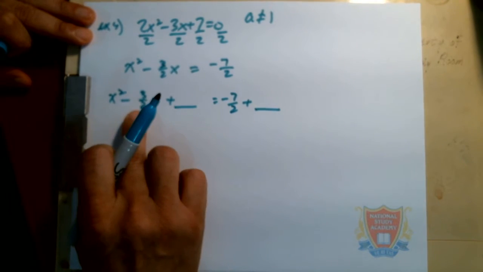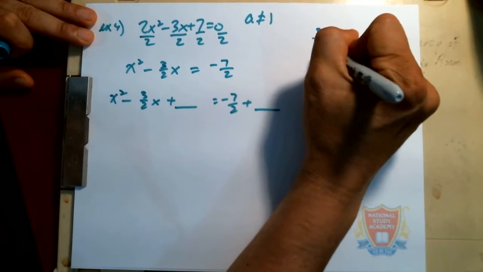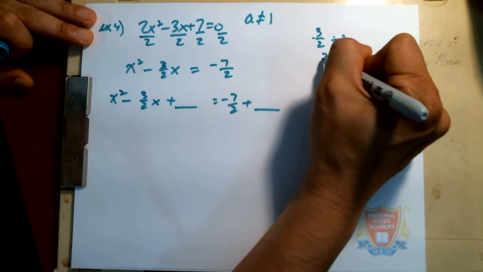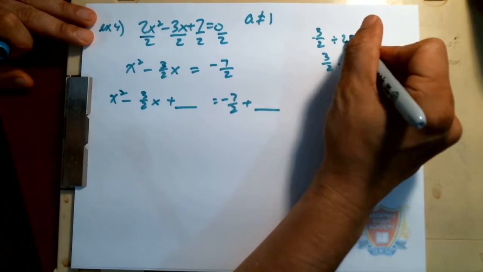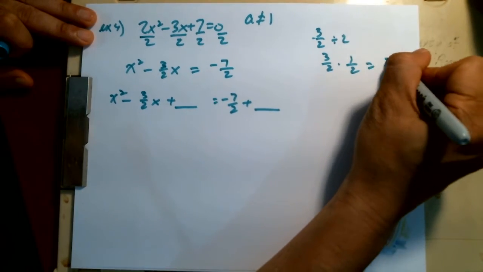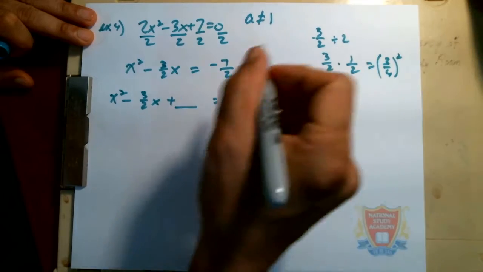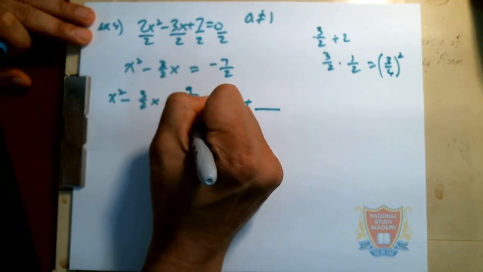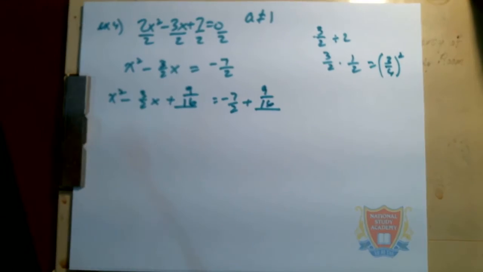Okay. We take this number, we divide it by 2. What is 3 halves divided by 2? It's the same thing as 3 halves times 1 half, right? We change the division to multiplication, reciprocate, 3/4. And then we square it, right? Becomes 9/16. We add 9/16 to the right side as well.